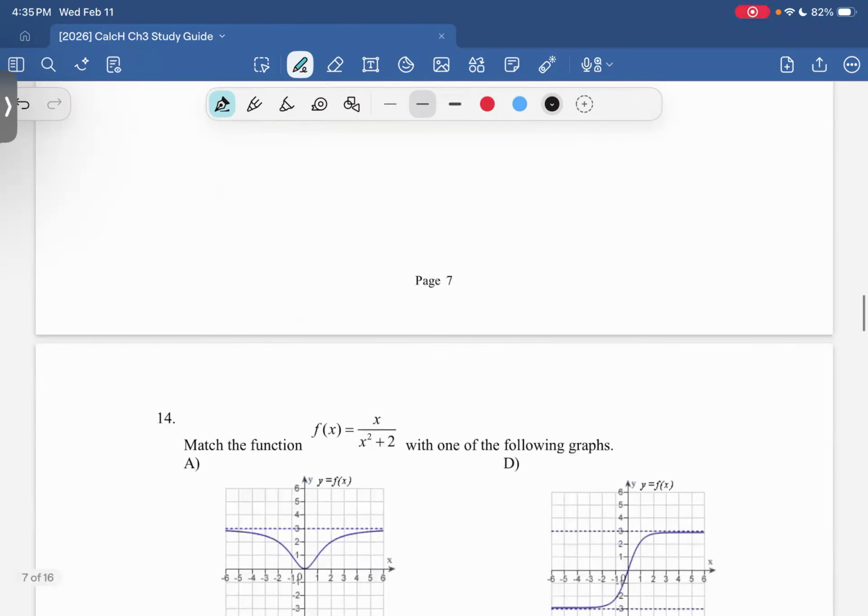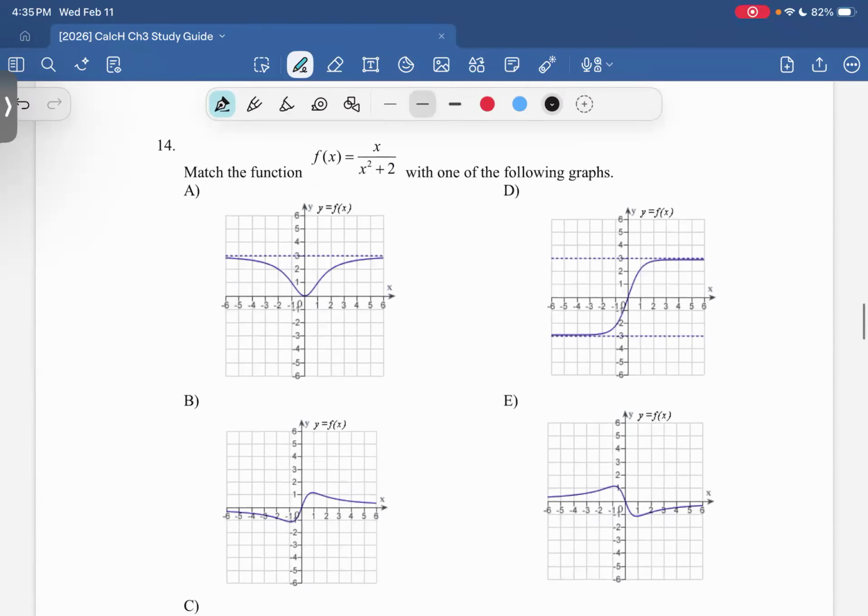Let's do question 14. Match the function with one of the following graphs. So this one is, once again, you have to use some logic to figure out which one matches the facts about the function that you can determine. So one good starting point is to first think about the horizontal asymptote of the graph.